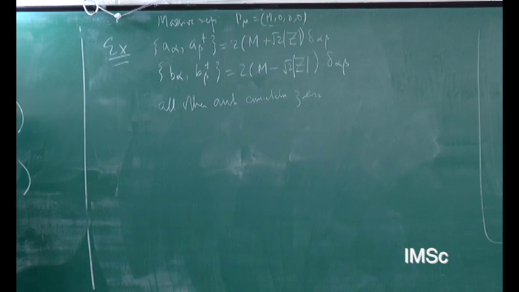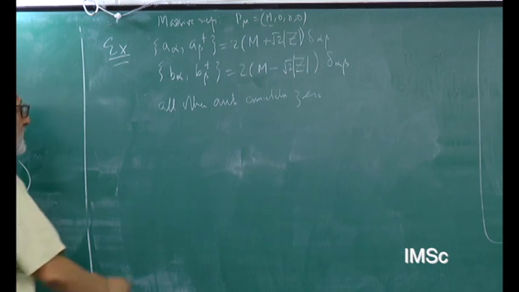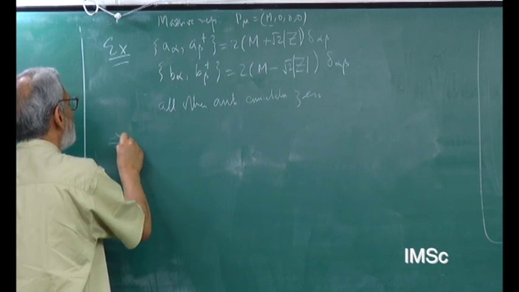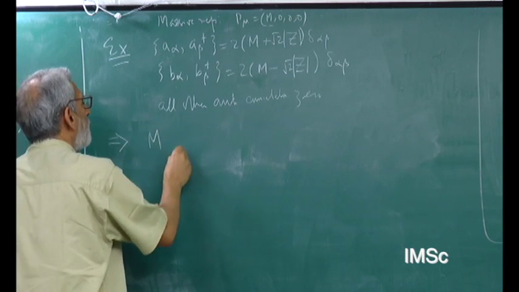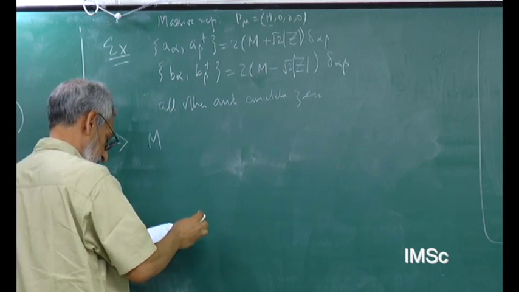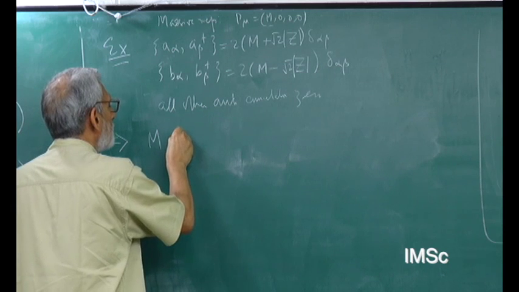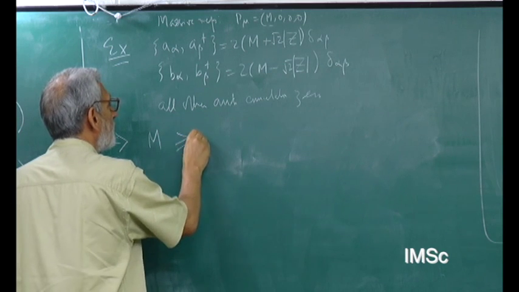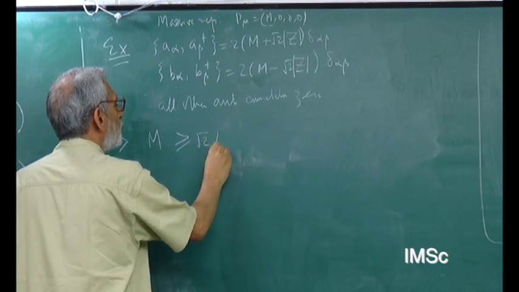Now, there is one property that this algebra already shows us. This algebra implies that m is always greater than or equal to root 2 mod z.